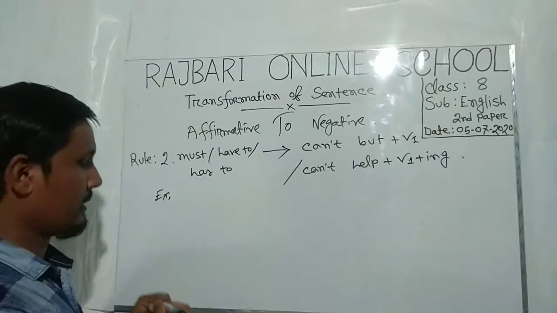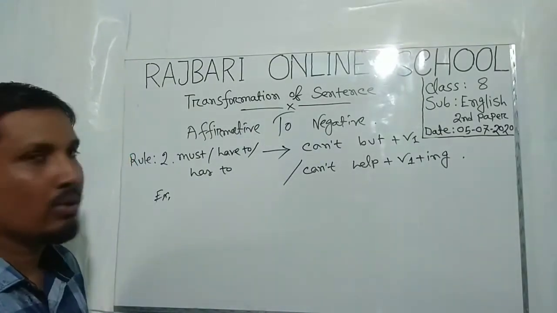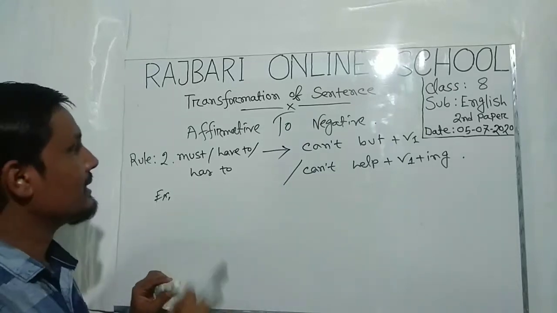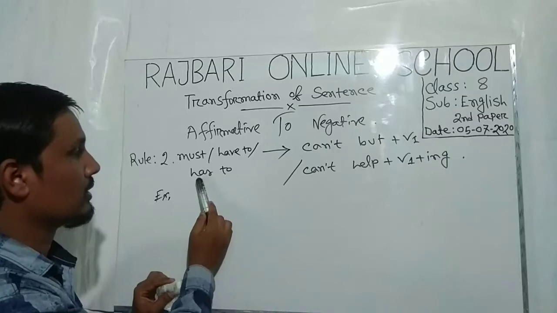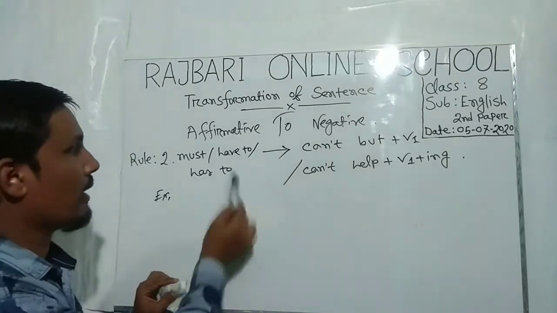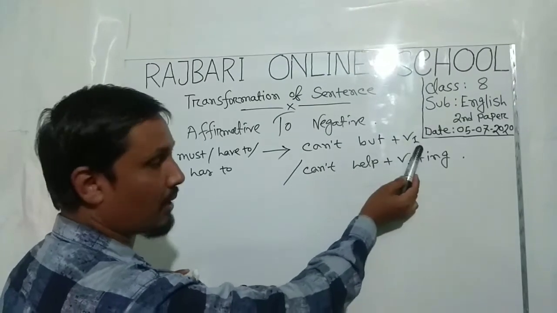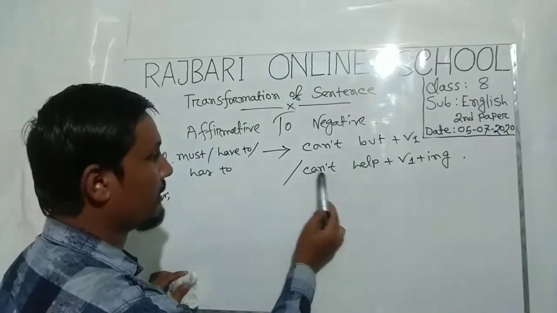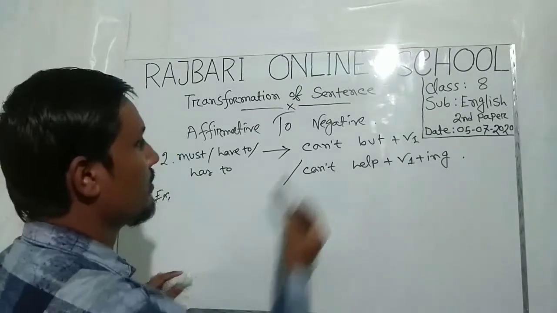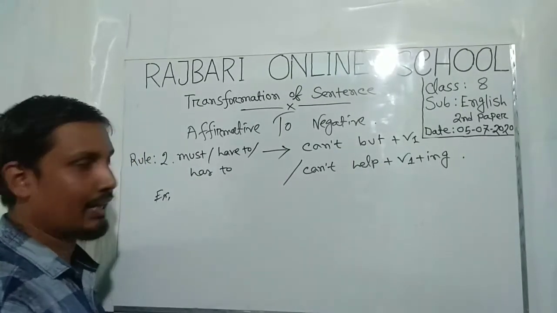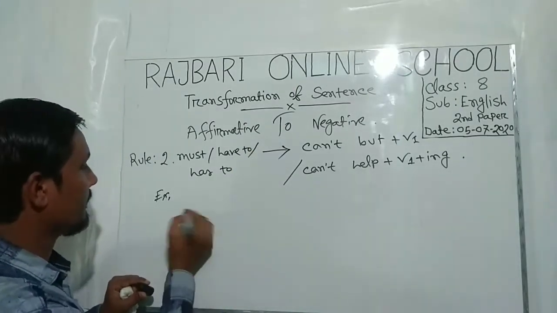My dear student, I have written another rule about affirmative to negative. If you see must, have to or has to in an affirmative sentence, you have to convert this word to can't but plus verb 1, or can't help plus verb 1 plus ing, when you make it into a negative sentence. Let's try to understand an example.